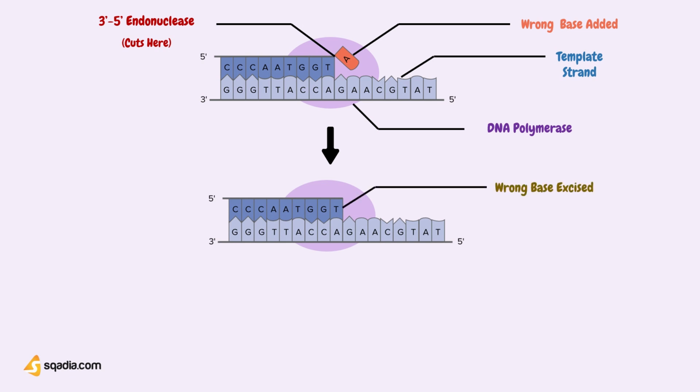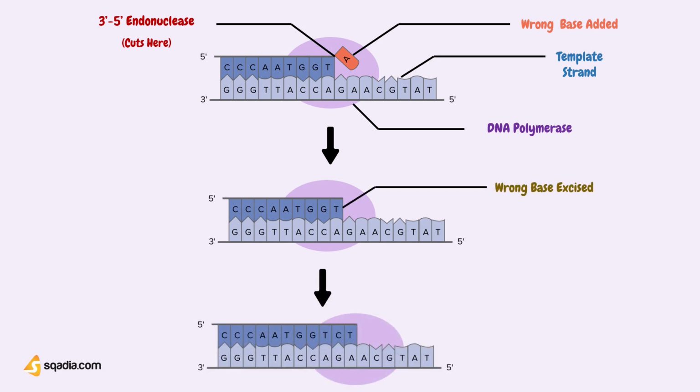Now, in the next step, the wrong base is excised. In the last step, the correct base is added by deoxyribonucleic acid polymerase. So, this process gives the enzyme a second chance to add the correct nucleotide. Remember that an alteration that occurs in deoxyribonucleic acid is heritable only if deoxyribonucleic acid repair fails.